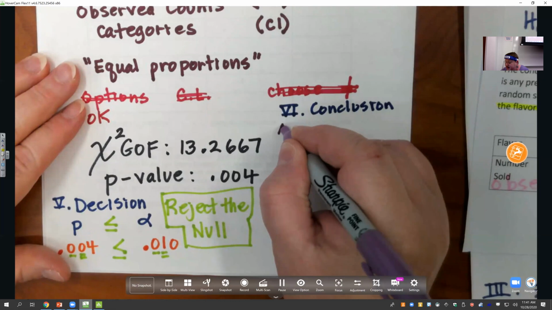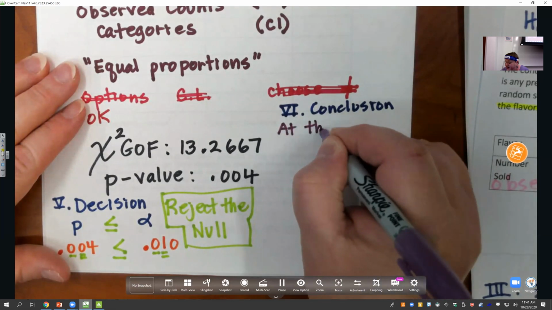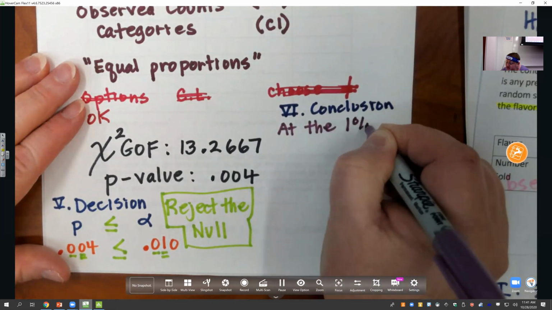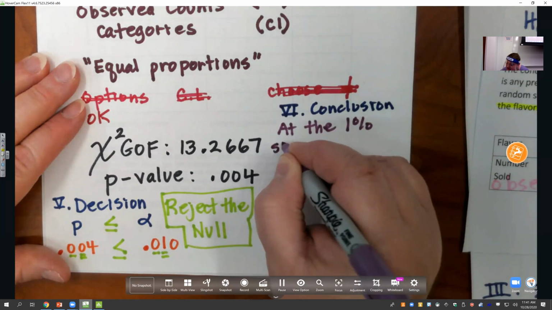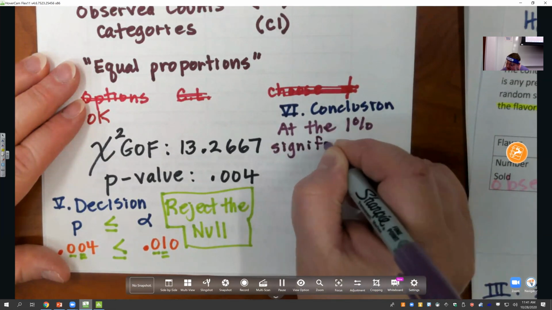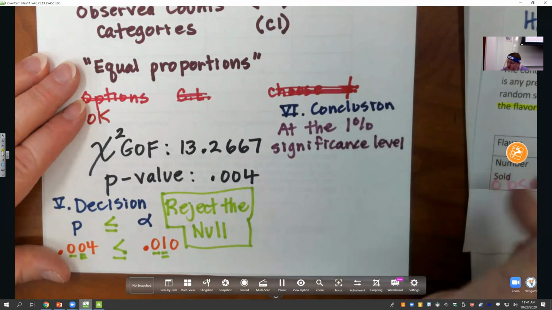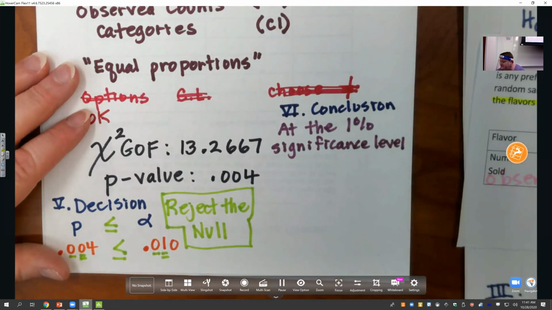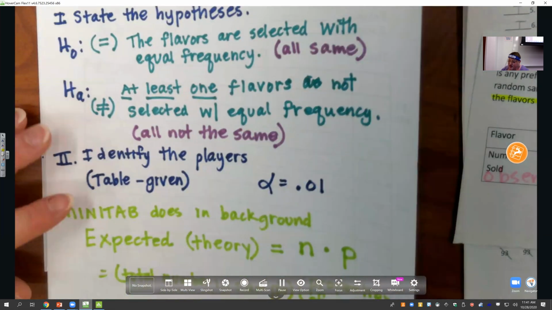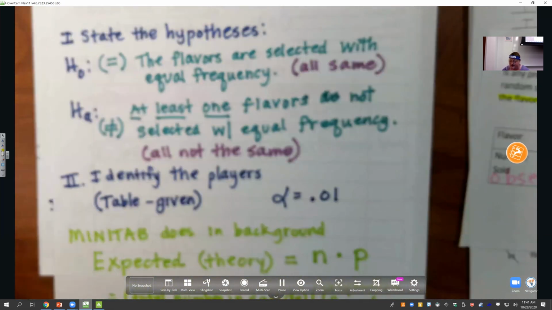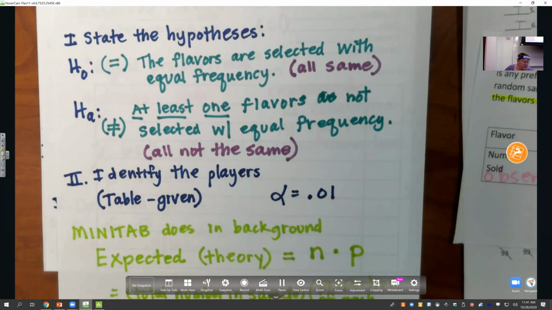So we would start out saying at the 1% significance level. Okay, now let's go back and think about this for a minute. We have said that we're going to reject the null.